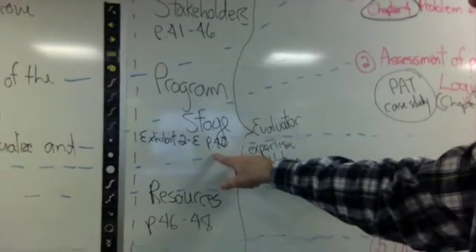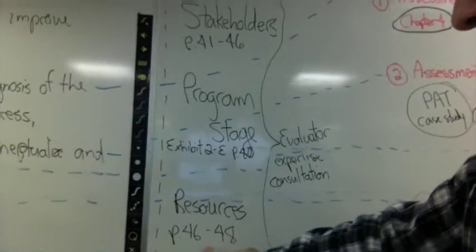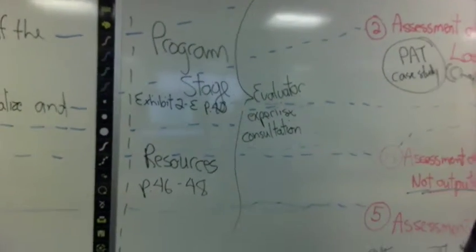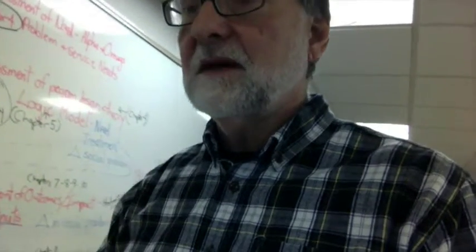Obvious. But that's on page 40, Exhibit 2E. And then he has a discussion about resources. And as you're obviously finding out in your exercises and in trying to do this evaluation final project, you're finding that, oh my God, it takes time, effort, and manpower, person power, to be able to do this stuff.